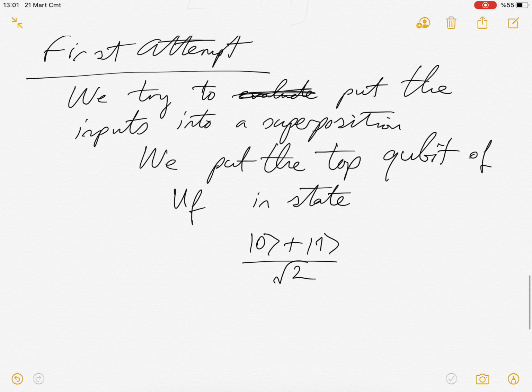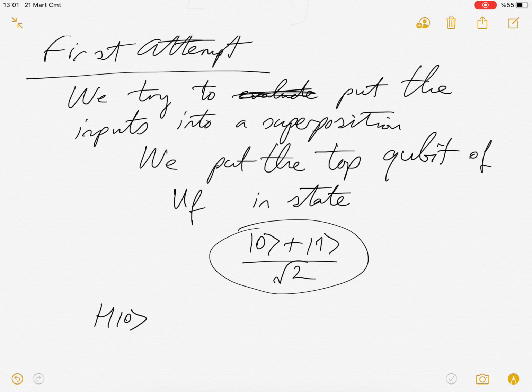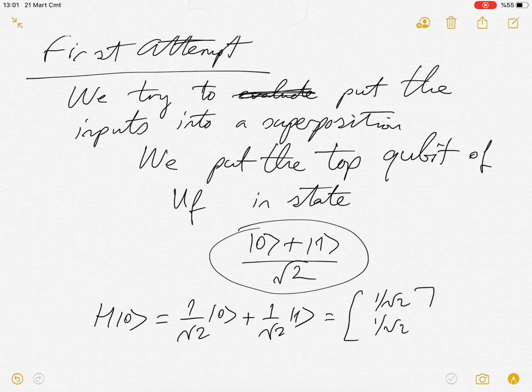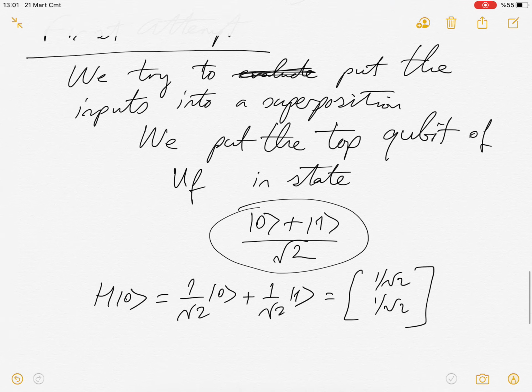We start with the input ket 0 and apply the Hadamard transform to ket 0 to obtain this superposition state, because Hadamard of 0 is equal to 1 over square root 2 times 0 plus 1 over square root 2 times 1, which is equal to this vector.